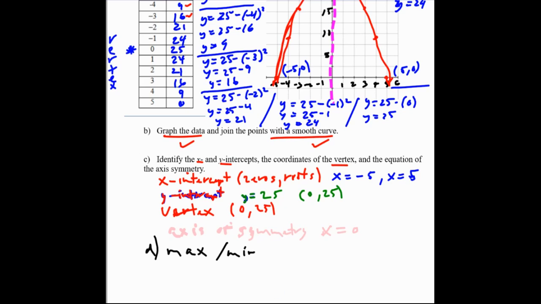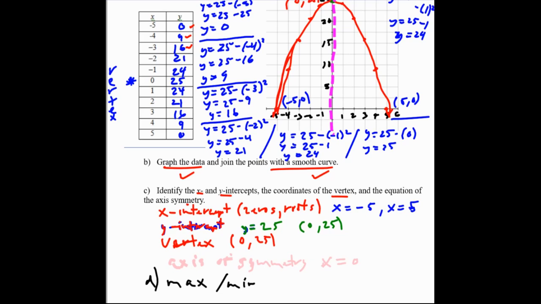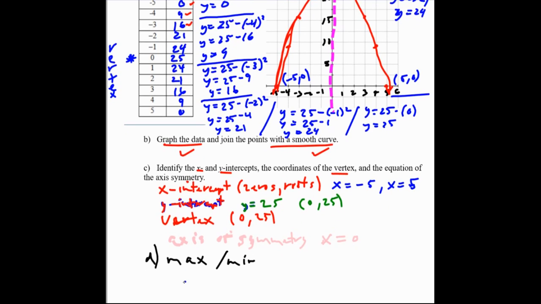Okay, so what is this? This is going to peak. This parabola peaks at a max. Therefore, it has a max of y equals 25.